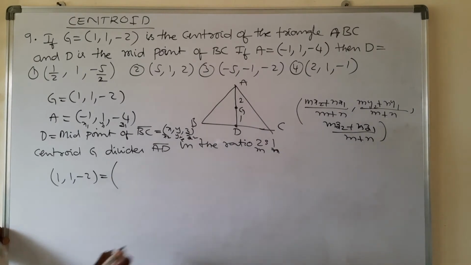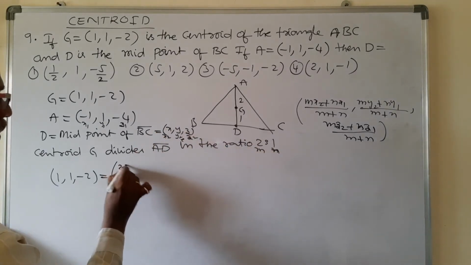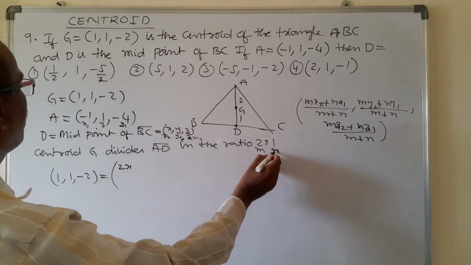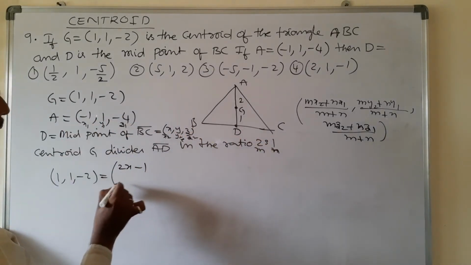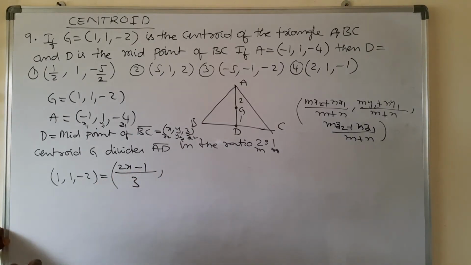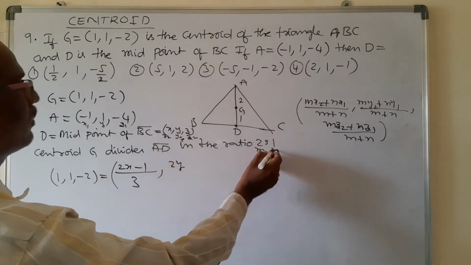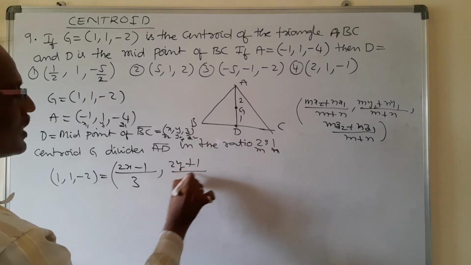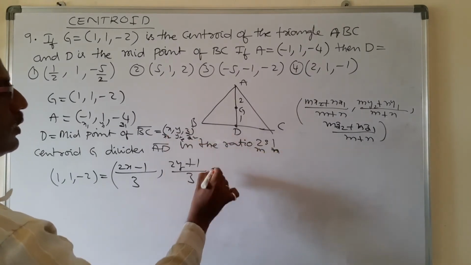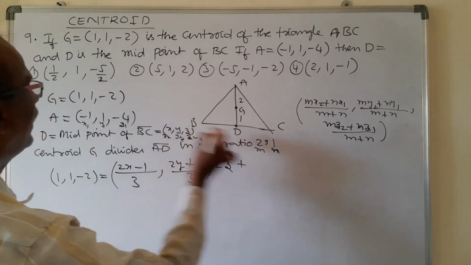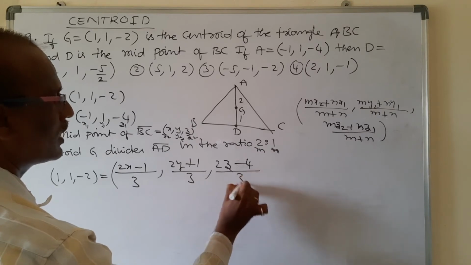Apply the formula: mx2, 2 into x, 2x, plus nx1, 1 into minus 1, by 2 plus 1, 3, comma my2, 2 into y, 2y, plus ny1, 1 into 1, by 2 plus 1, 3, comma mz2, 2 into z, 2z, plus nz1, 1 into minus 4, by 2 plus 1, 3.